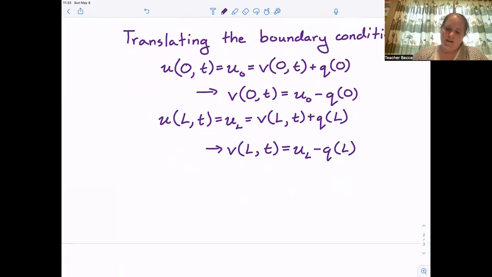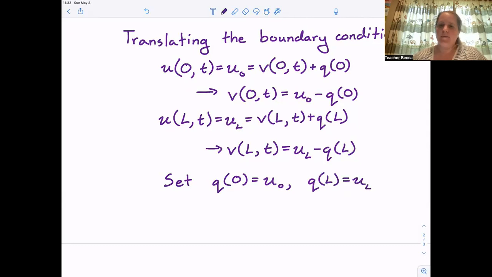So if we go ahead and set q of 0 equal to u naught and q of l equal to u sub l, then we get that v of 0t would be equal to 0, would be equal to v of lt.